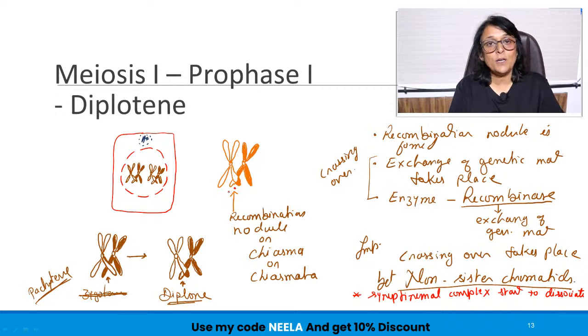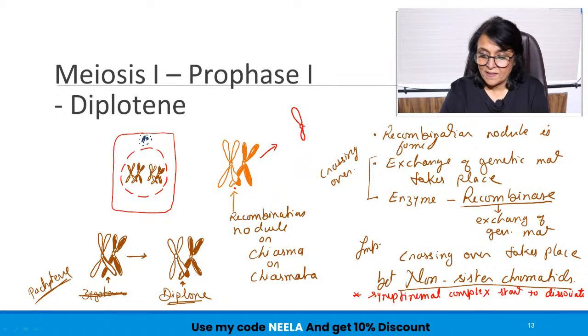So this point will remain, and here, like if I have to show what exactly is happening, this chromosome will appear like this and this chromosome will appear like this.